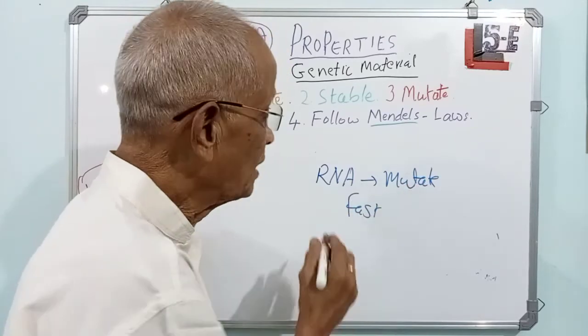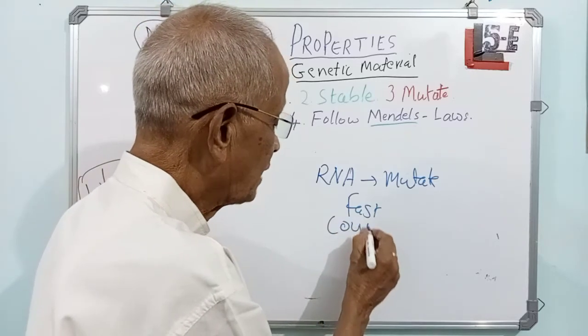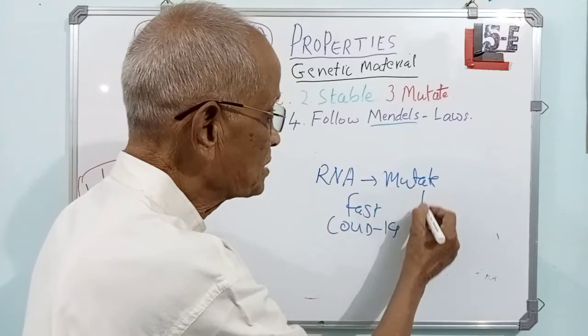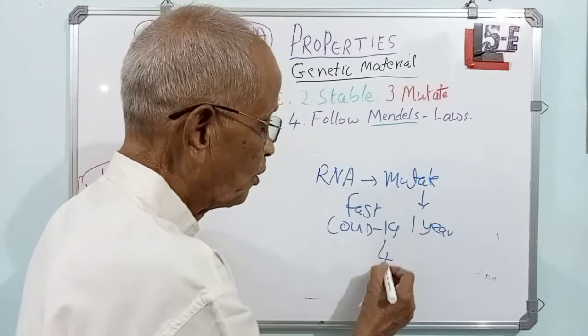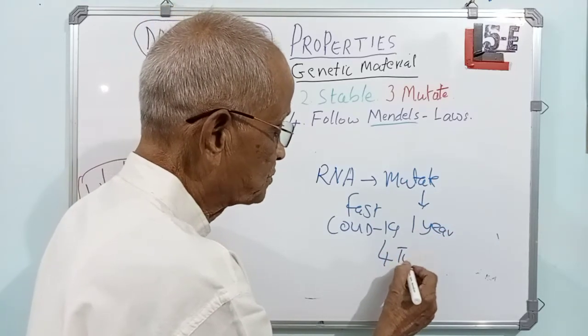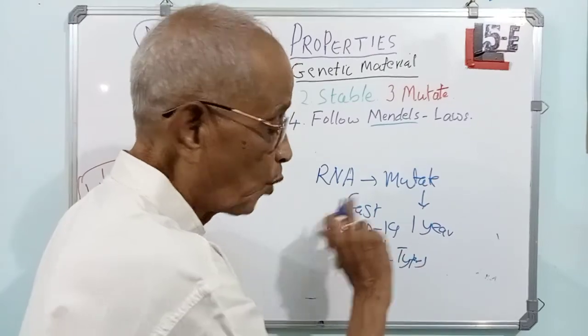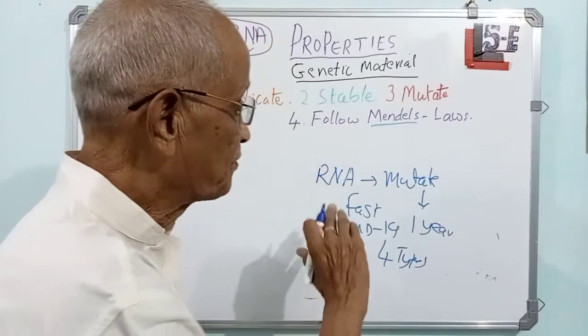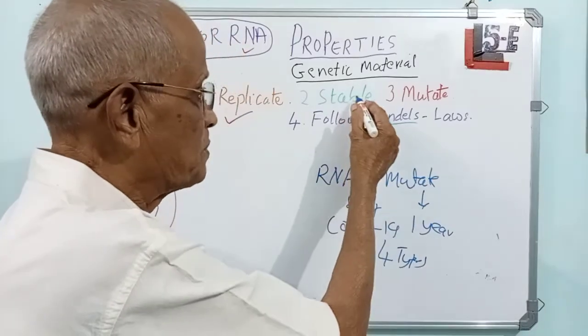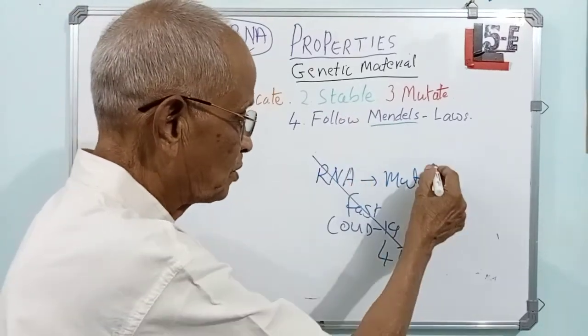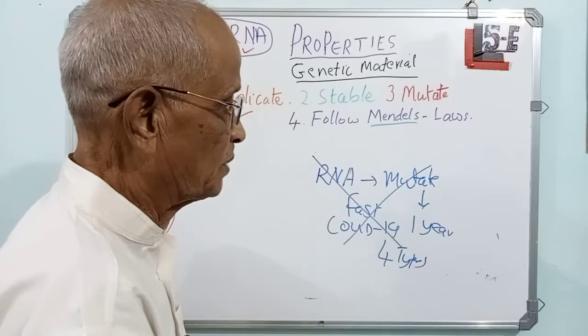We have seen COVID-19 mutating in 1 year, at least 4 different types have come up within 1 year. That kind of fast mutation is not good for the stability of the organism. Therefore, RNA is not suitable.